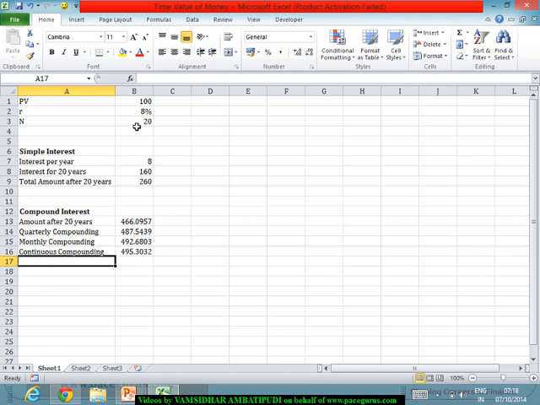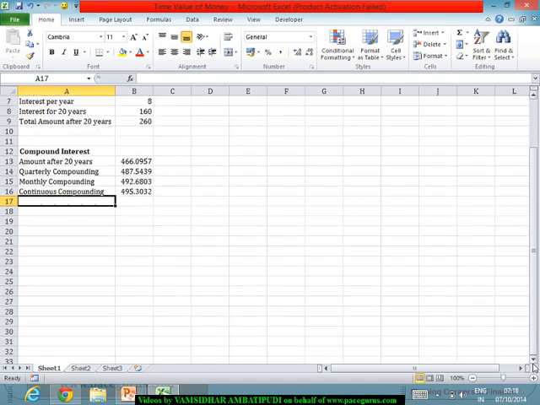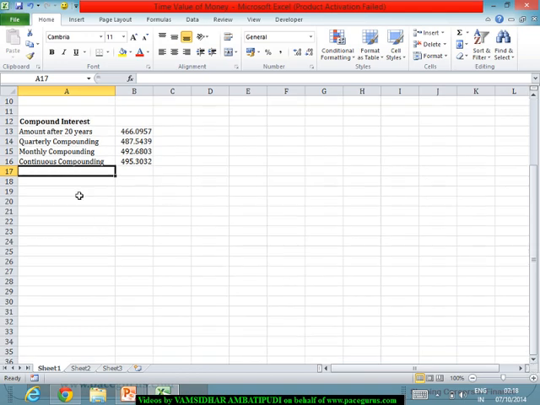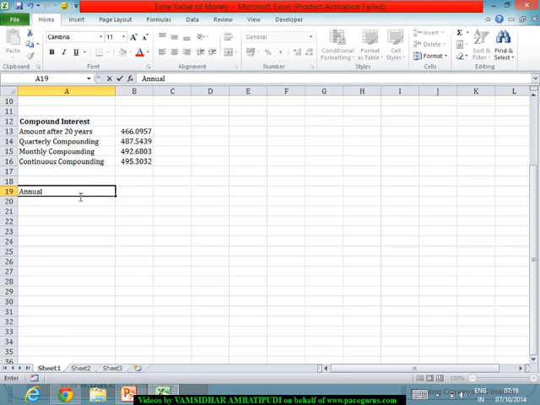So just to showcase, what I really wanted to showcase is for different periods. Let's say we are talking about the same 8%. When I am saying annual compounding, the same 8%, what does it work out to?